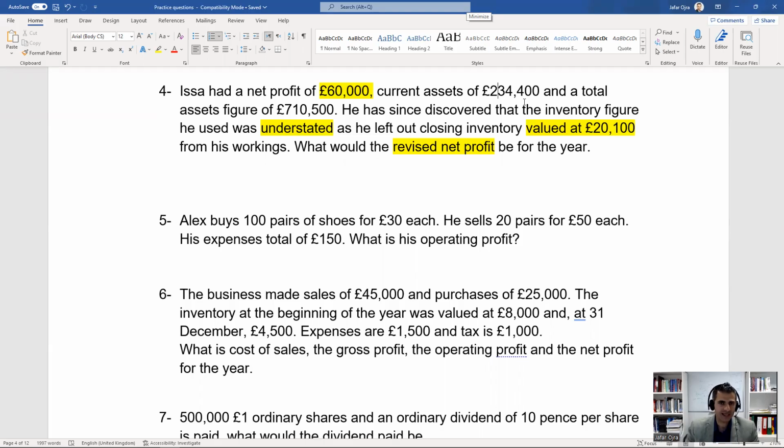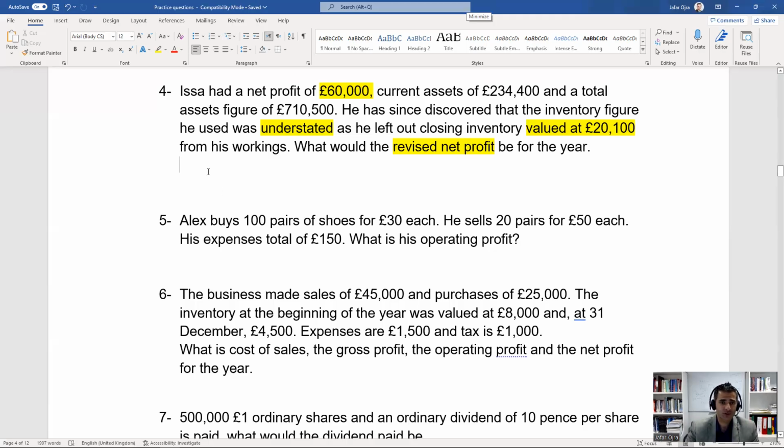As a result, in order to revise the net profit, you just need to add the value of the closing inventory onto the net profit of £60,000. So the answer is £60,000 plus the closing inventory of £20,100, the one we left out. That equals £80,100.